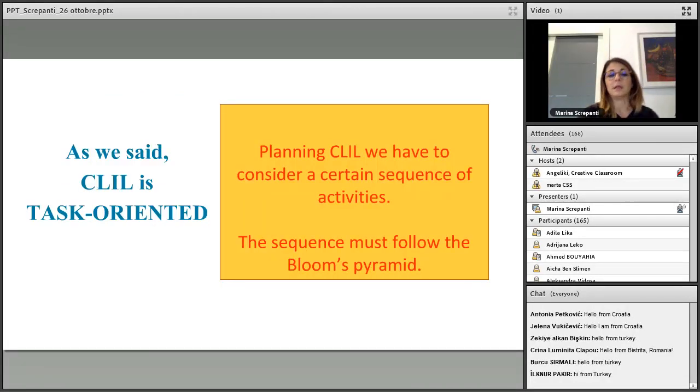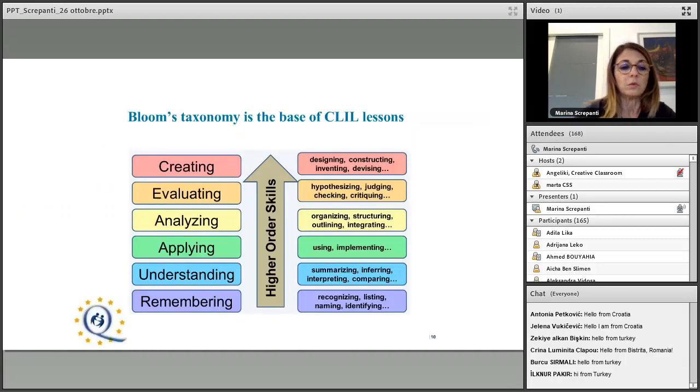So as we said, CLIL is task-oriented, and I think that the most difficult thing in CLIL is to plan the lessons, because we have to think that the tasks must follow the Bloom pyramid. So they must start from learning the words and then go up the pyramid. So for example, from remembering, then understanding, applying, analyzing something, evaluating, and then it must finish with the creation of a product.